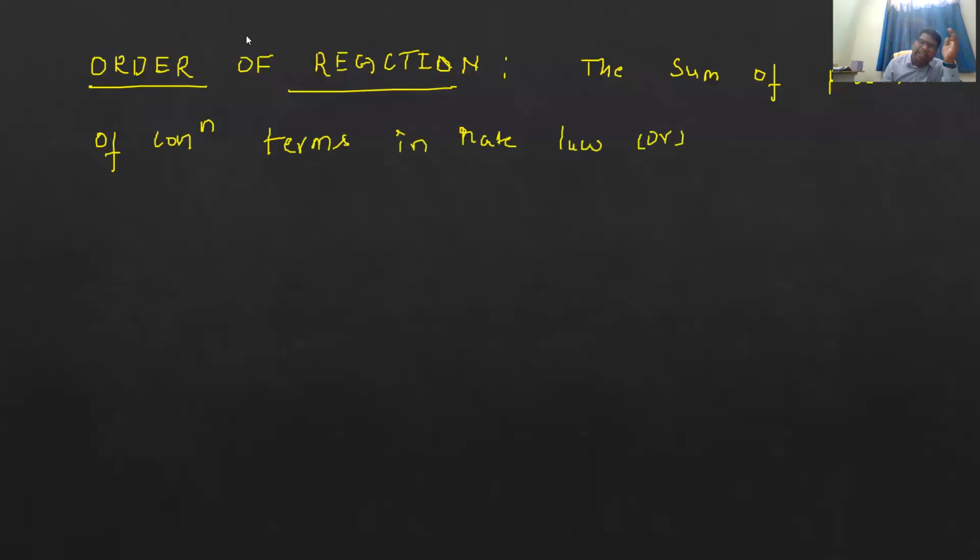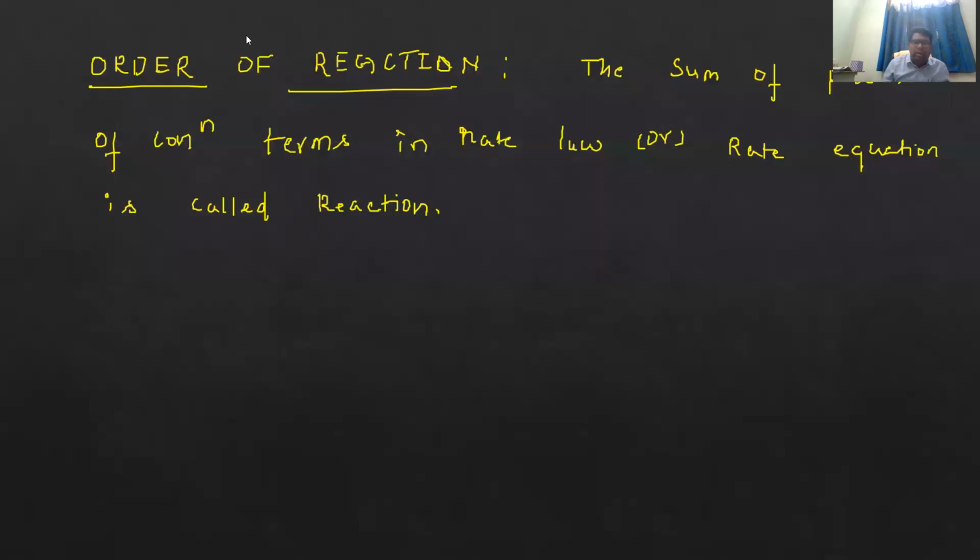Write it down. This is called order of reaction. So the sum of powers of concentration terms in the rate law or rate equation is called order of reaction.